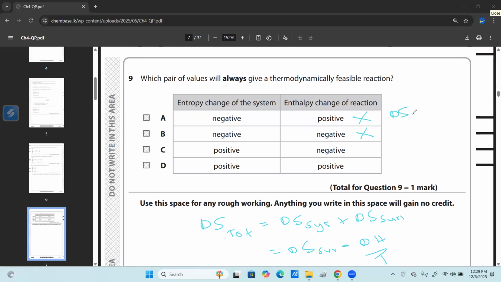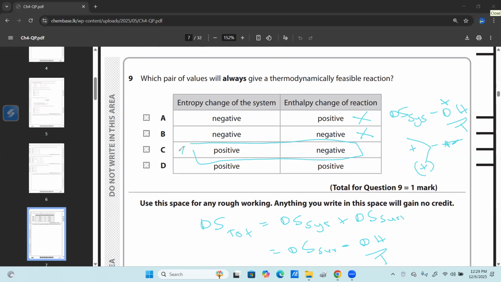We have delta S system minus delta H over T. Entropy is positive, enthalpy is negative. Then negative into negative, both of them will be positive and the total entropy also will be positive. So C is the correct answer. If you take D, if this is positive, plus and minus, this will be negative and there should be a condition that the magnitude of the system should be greater than the surrounding.